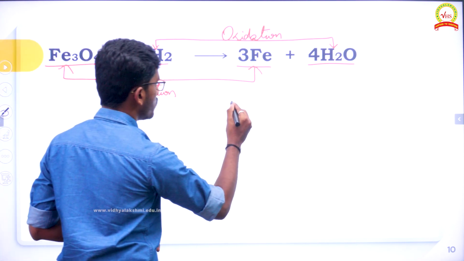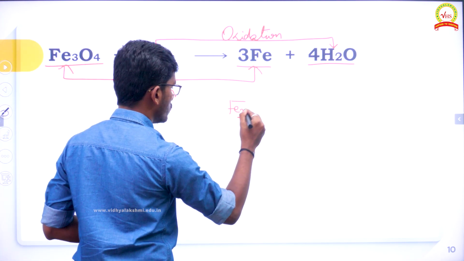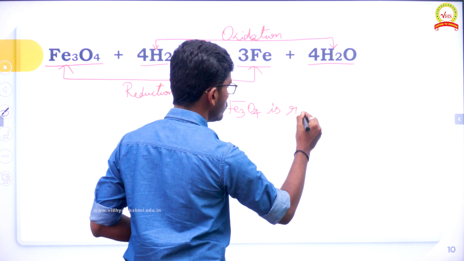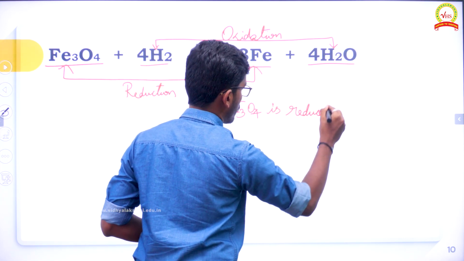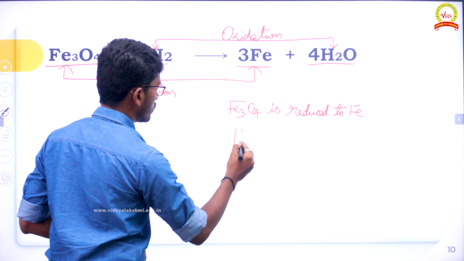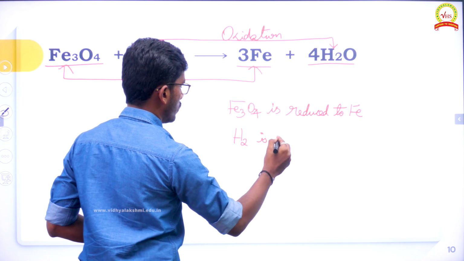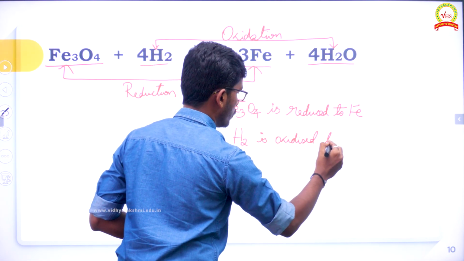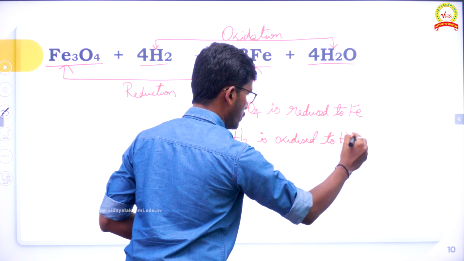Here, Fe3O4 is reduced to Fe, and hydrogen is oxidized to water. So this is the second step.